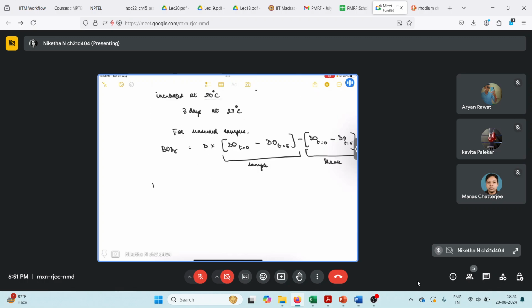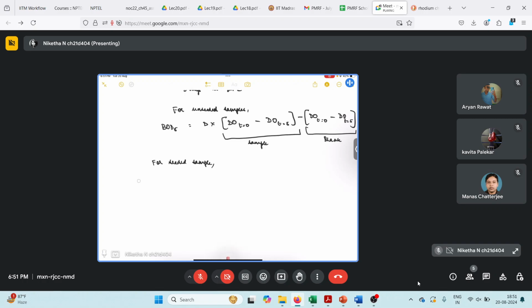Now if you have a seeded sample, where you have externally added the bacteria, then the BOD5 equals the dilution factor multiplied by DO at T equals 0 minus DO at T equals 5. So this is again for the sample.